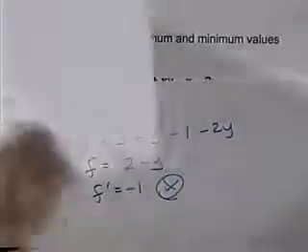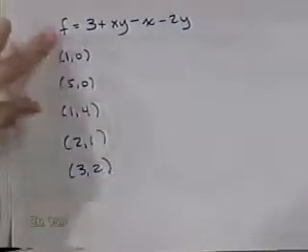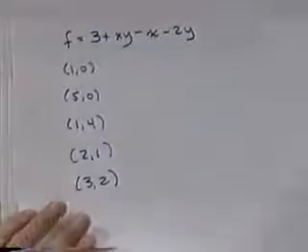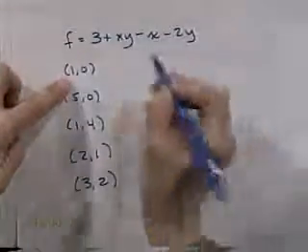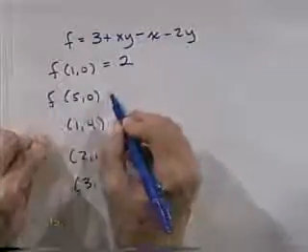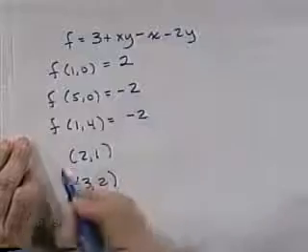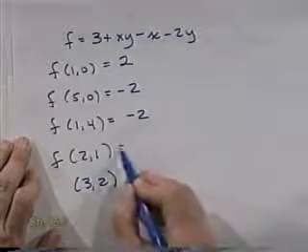So then we come back, and we have to plug these 5 points into f. Now I saved us some time and already did it. If you plug 1, 0 in, you're going to get 2. If you plug 5, 0 in, you're going to get negative 2. If you plug 1, 4 in, you're going to get negative 2. If you plug 2, 1 in, you're going to get 1.